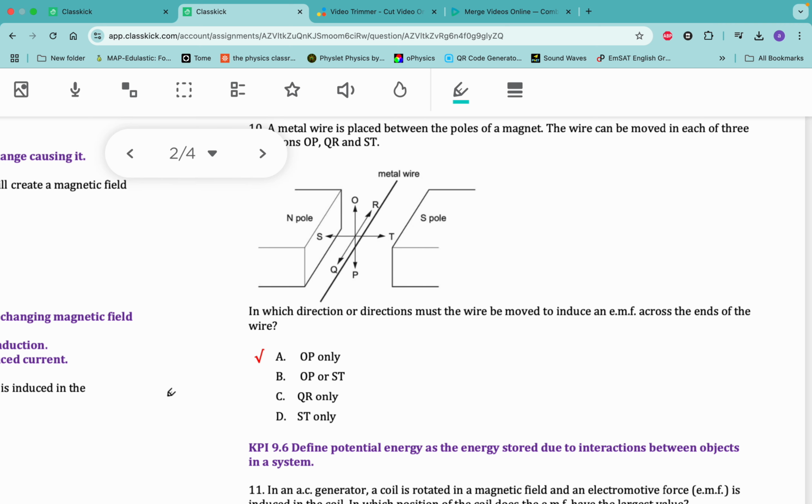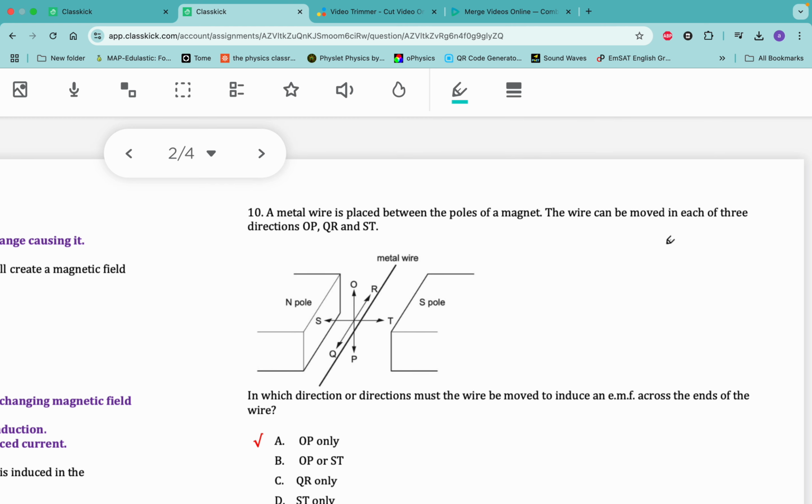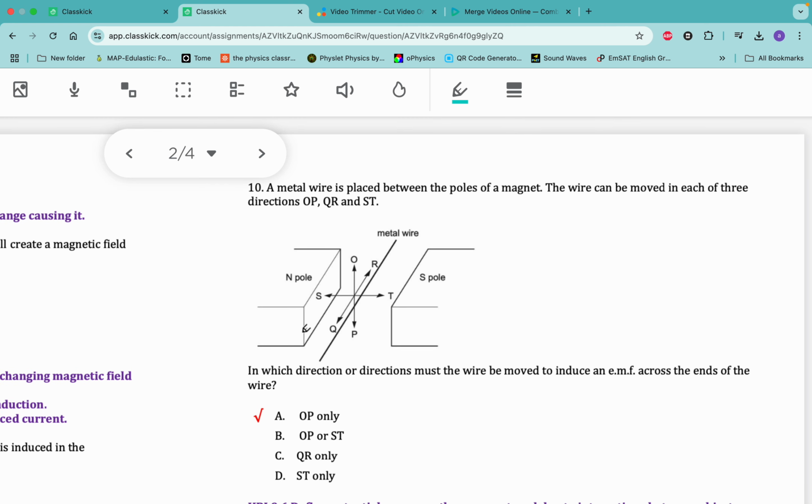Here is the same idea: in which direction must the wire be moved to induce EMF across the two poles of the magnet? So here we have a wire between the two poles of the magnet, which has to be moving in a specific direction in order to induce EMF.